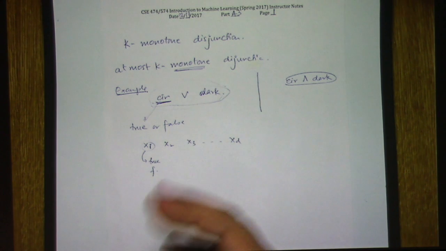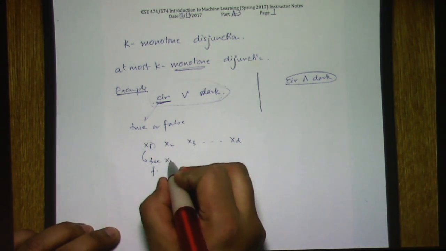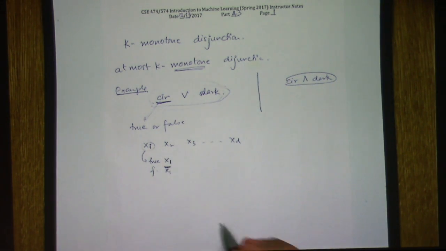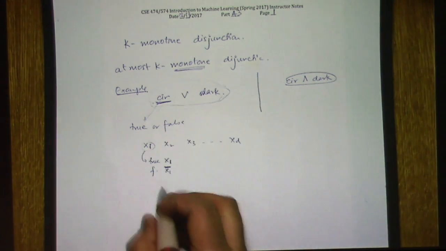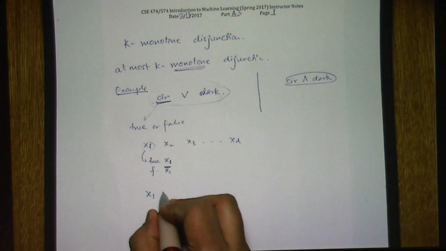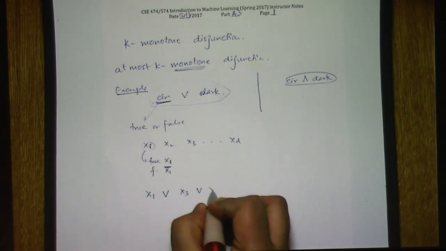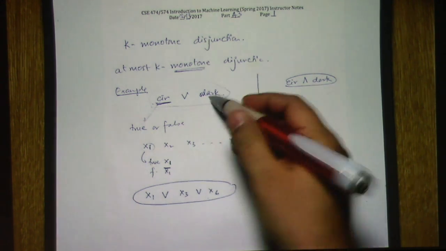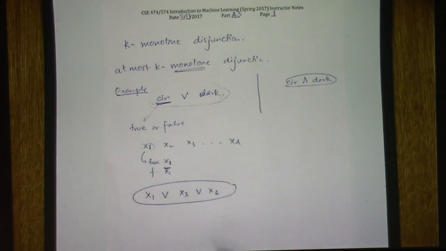Just for notation, sometimes we also write x1 or not x1. Then each disjunction can be written as x1 or x3 or x6. Monotonicity means that we are only going to allow positive values of the feature.